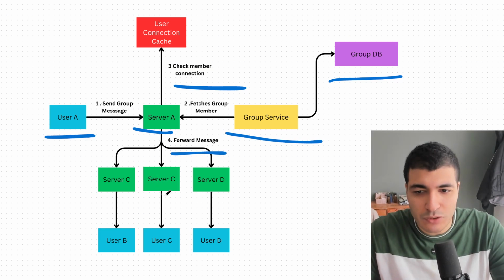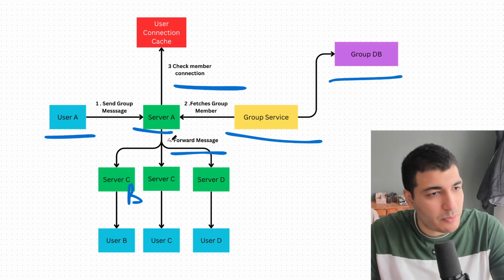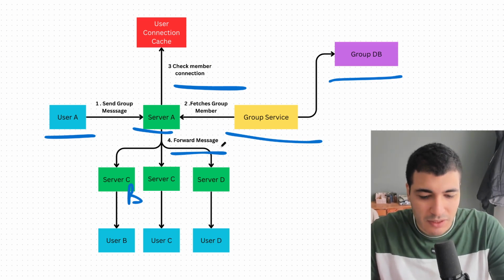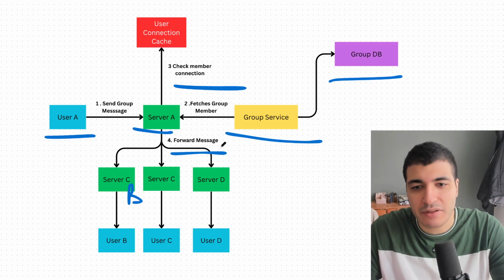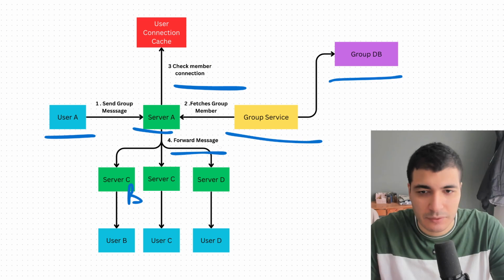There is also a way to solve this problem. Instead of making server A send the messages to server B, C, D, and so on, we can use a pub/sub system to help us manage that and create a more scalable group chat application.